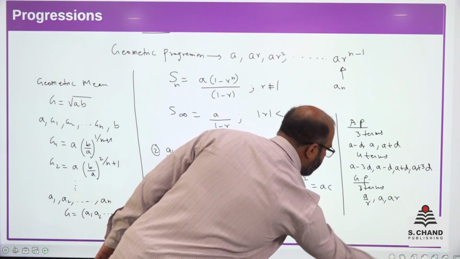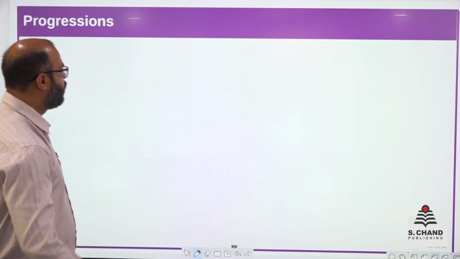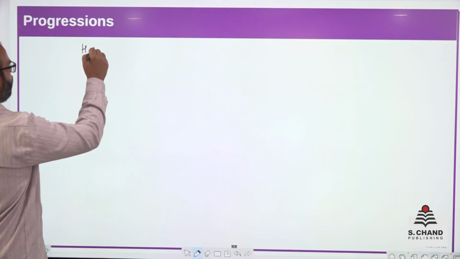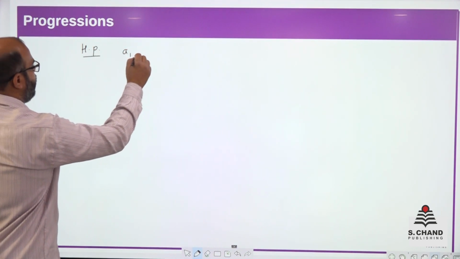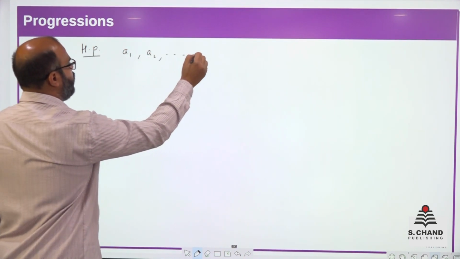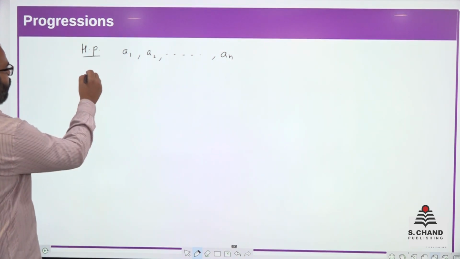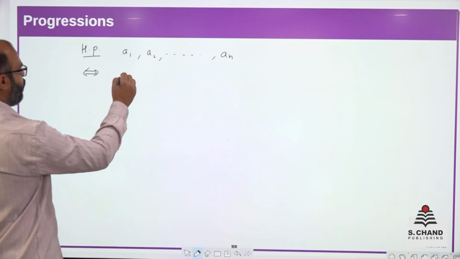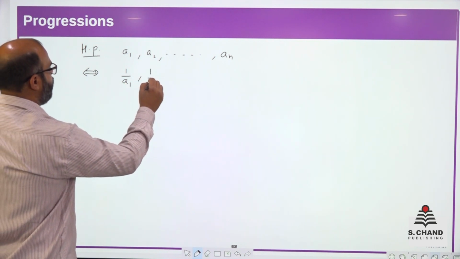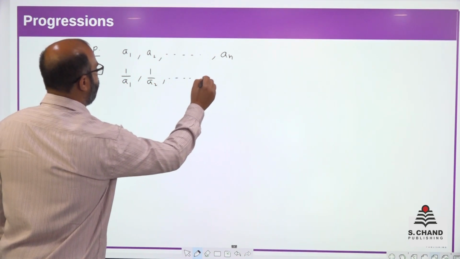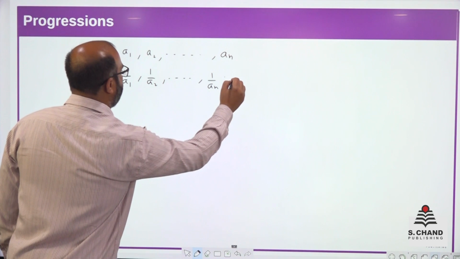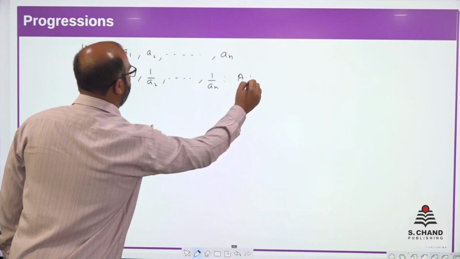Next we have harmonic progression. So n terms a1, a2 till an are called a harmonic progression if and only if 1 by a1, 1 by a2, till 1 by an are in arithmetic progression.